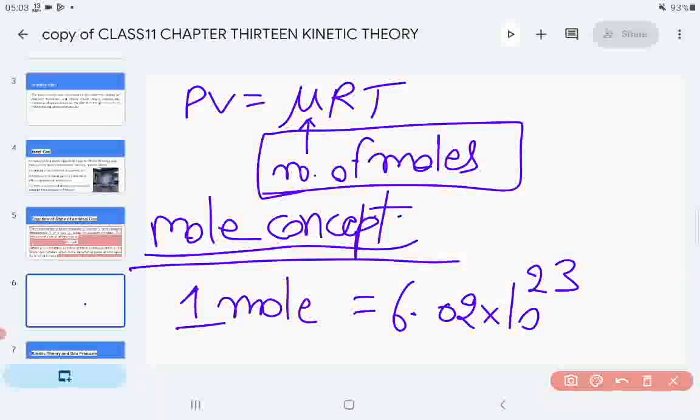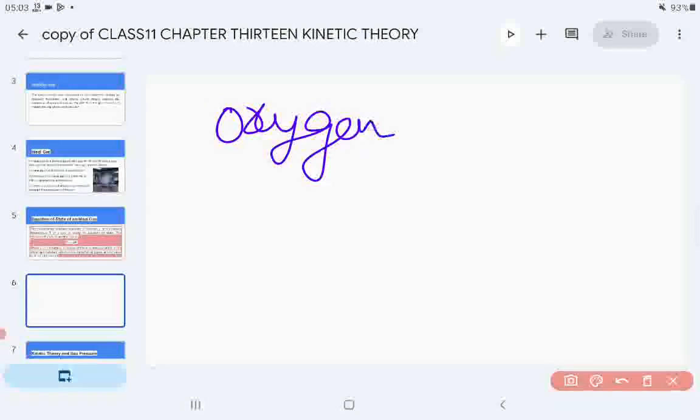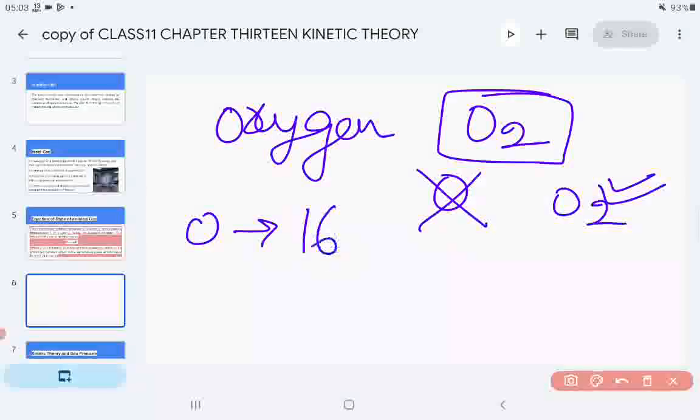If you take the molar mass of any substance, it has 1 mole of molecules. For example, if you take oxygen, it is a diatomic molecule, O2. When you talk about oxygen gas, a single atom O is not possible, O2 is possible, because it is a diatomic molecule. The oxygen atomic number is 8 and the mass number is 16, but for O2 the mass number is 32.